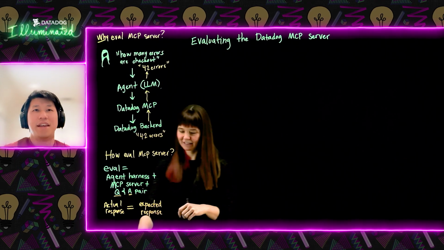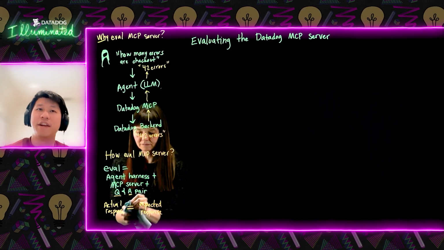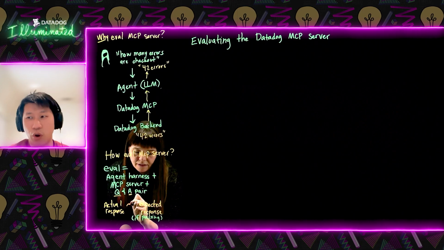The scorers don't necessarily have to do an exact match between the actual response and the expected response. In our case, if you want to make it very easy to verify, you would want some mechanical way to compare the actual response to the expected response, but it doesn't have to be exactly the same. You just need a way to score the response using some information you know about this question.